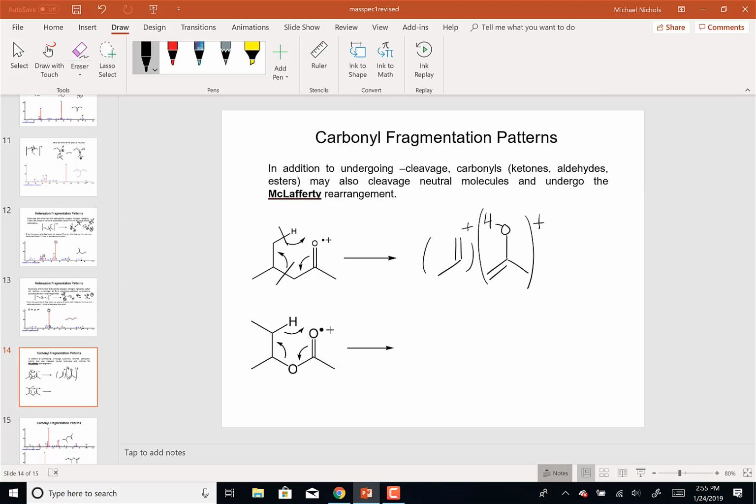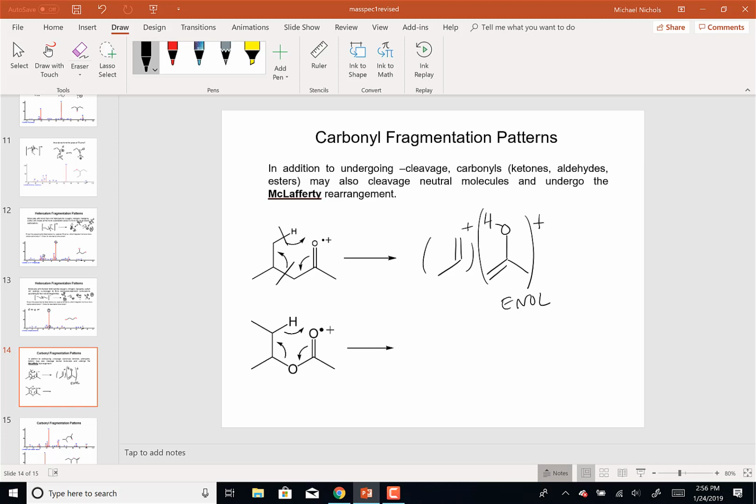We saw that molecule in the triple bond chapter. It's an enol. It's called an enol because it's half alkene, half alcohol.